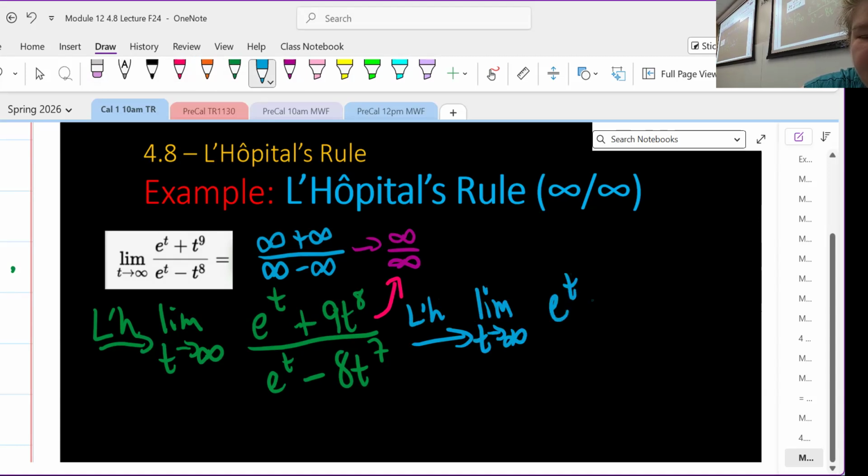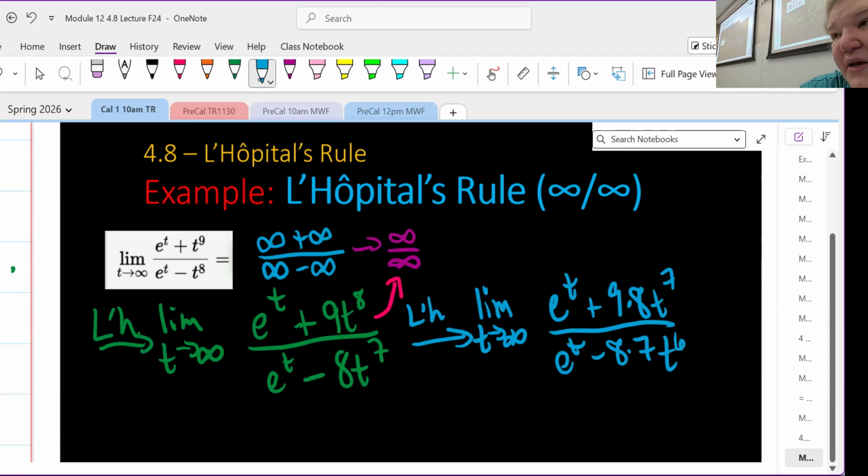So we'll have e to the t plus 9 times 8 t to the seventh over e to the t minus 8 times 7 t to the sixth. And we're still going to get infinity over infinity. So I can actually keep applying L'Hopital's rule a ridiculous number of times.